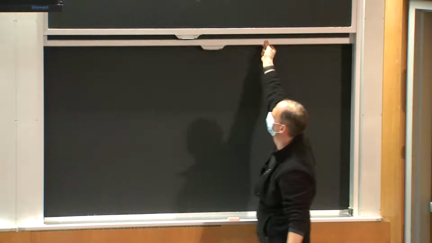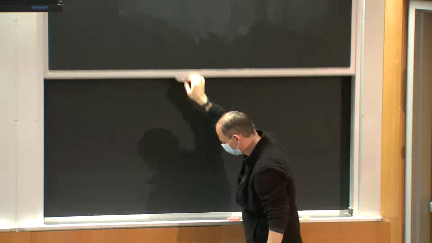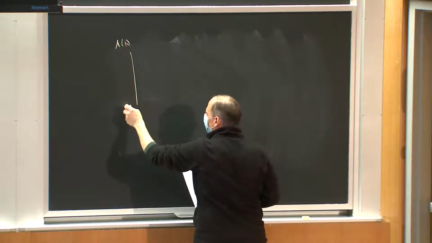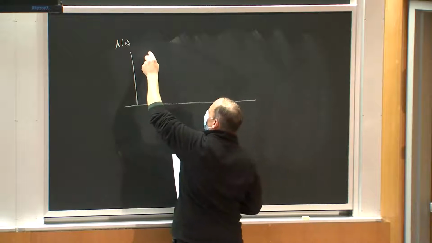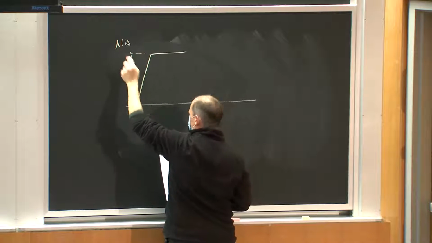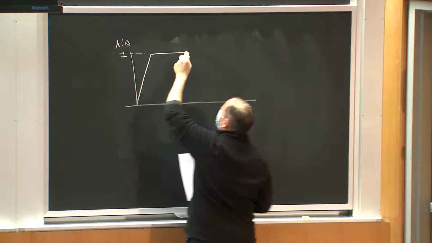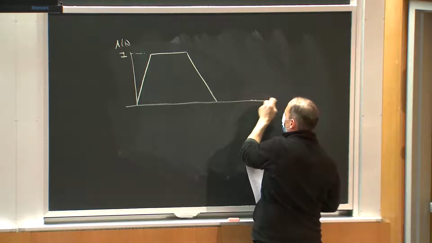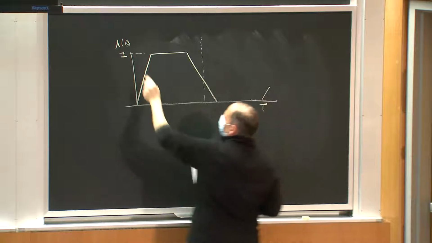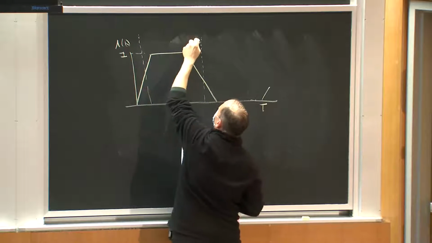And here is what we can say about a square wave waveform, okay? It doesn't matter what the shape of the square wave is, but let's just say this was a current I of t, and here's the waveform I'm going to consider. I'm going to say, okay, it's going to have some finite slew rate up to a maximum current I, and it's going to have some slew rate down, and at the end of this there's going to be some period T. And let me call this period, just the middle of the rise, some time period dt.